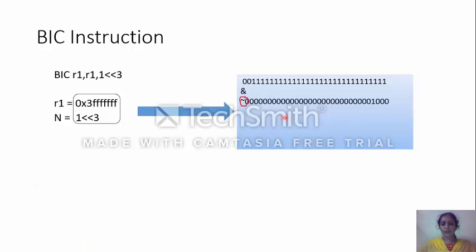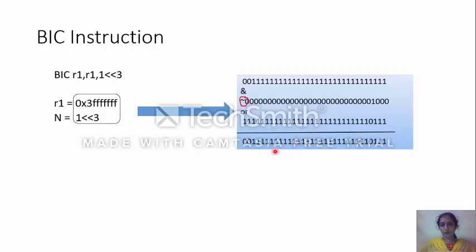So how will the execution be performed? Actually, this number will be converted into its complement, and then this number will be ANDed with that number. Naturally, you can see that wherever 0 is present, only that bit will be 0 at the output. So the result is all ones until bit 3, which is 0, and the remaining 3 bits are 1.